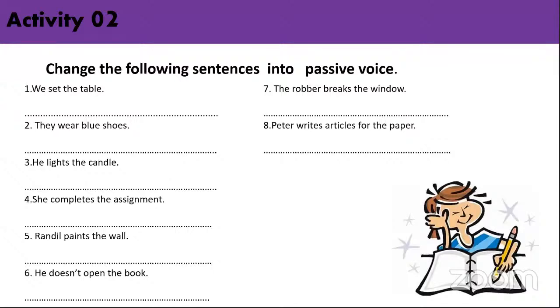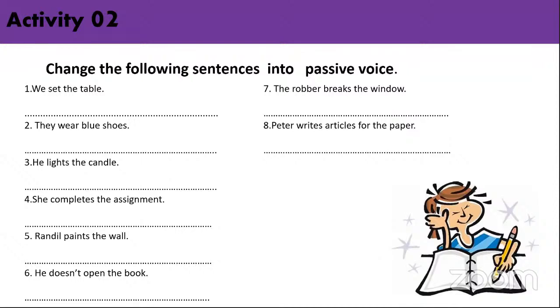Okay. Number 1, we set the table. Number 2, they wear blue shoes. He lights the candle. She completes the assignment. Number 5, Ranbir paints the wall.